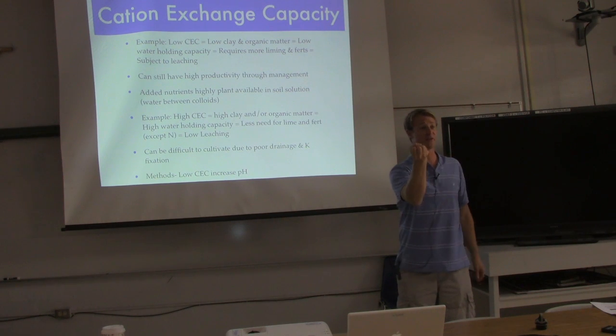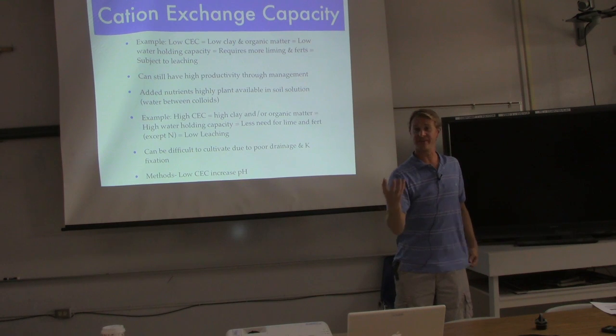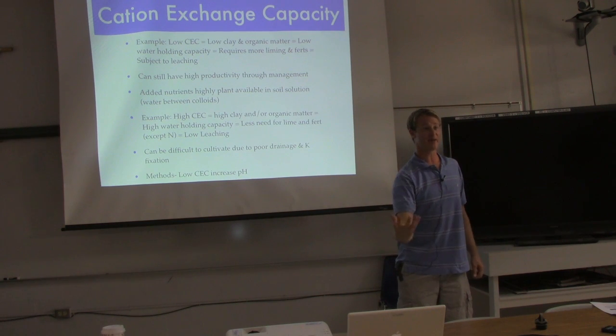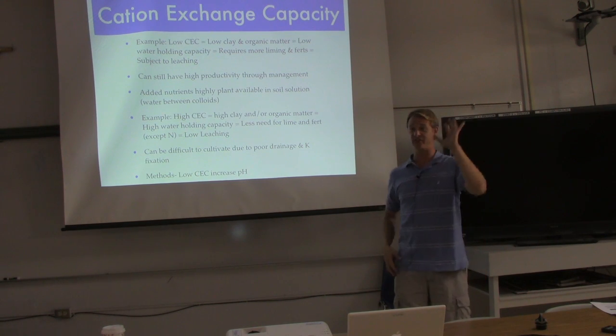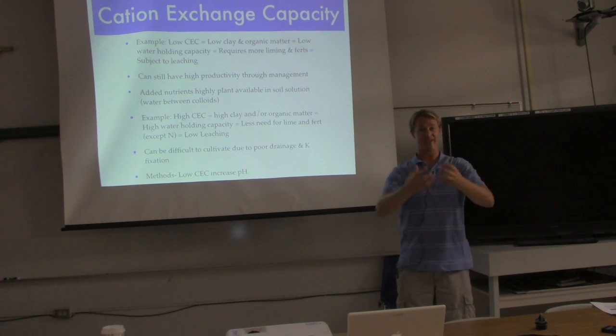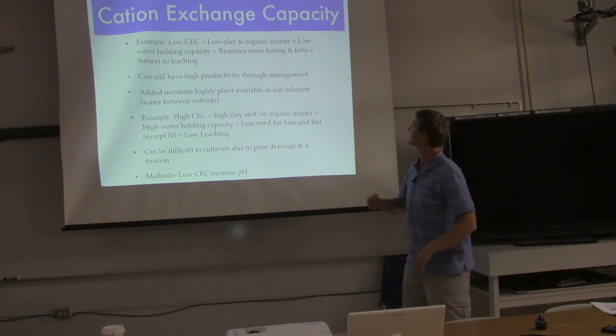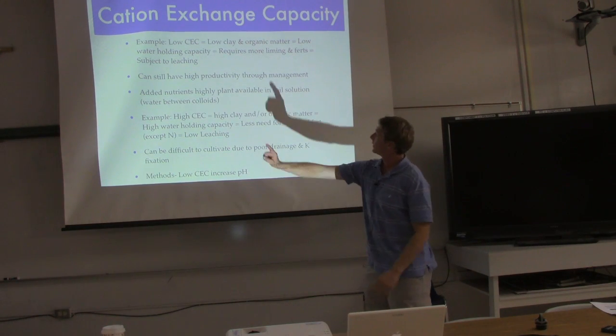But if there's only a handful of those colloids, only a handful of nitrogen molecules can be taken up by the soil and available to plants. The rest of it just leaches down and away and out. If you have trillions and trillions and millions of colloids, then that nitrogen comes in, gets bonded, and it's held there. Subject to leaching. Remember, it goes down and out.